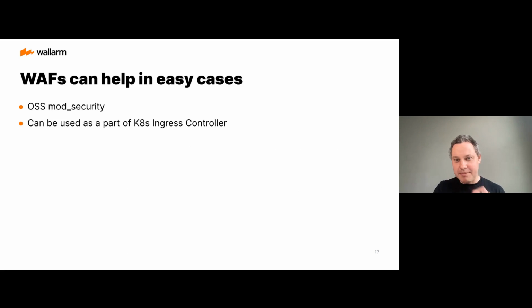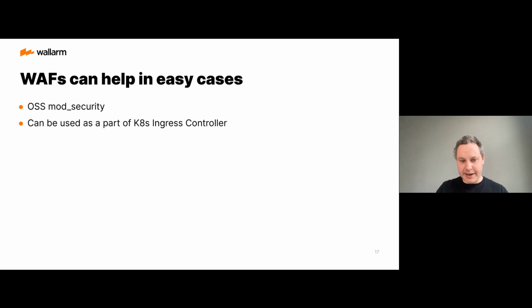The next thing can be helpful and not helpful at the very same time. It's a very tricky thing, actually. You can try and use a WAF. WAFs can identify some kinds of injections. The problem with WAFs is that most of them don't really understand the structure of the request. You can use ModSecurity, but the way it works is that it applies all the rules to the whole request.